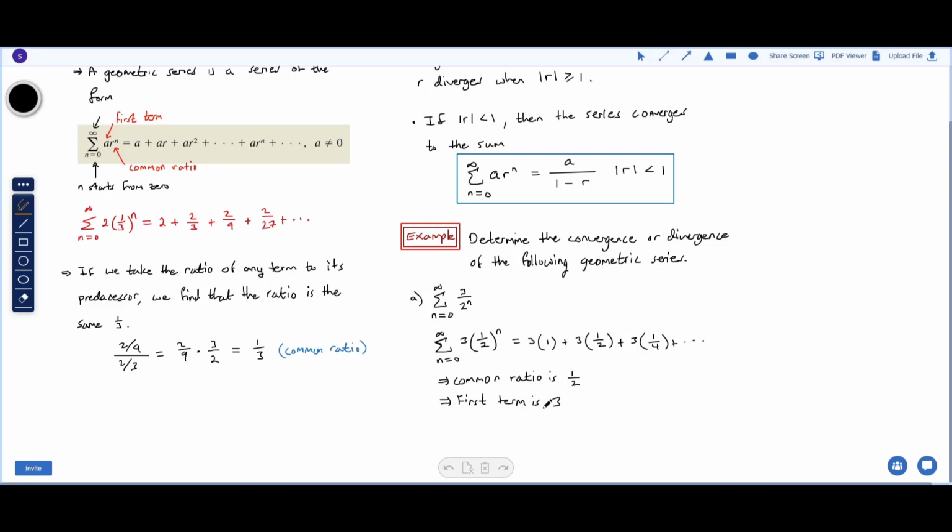All right. Now, the next question is, the absolute value of the common ratio, is it bigger than 1 or less than 1? It's less than 1. So we know that the absolute value of r is the absolute value of 1/2, and that's less than 1, right?